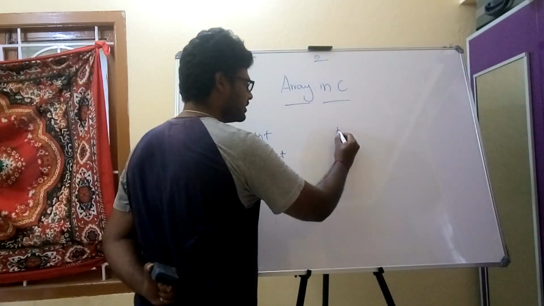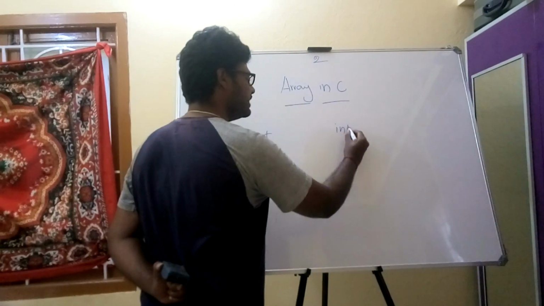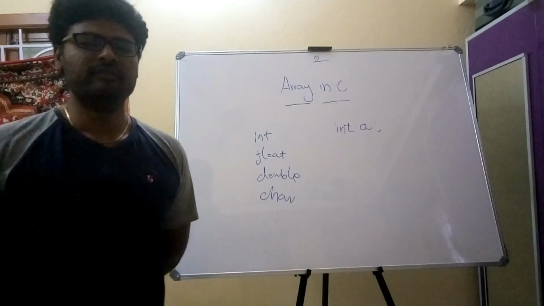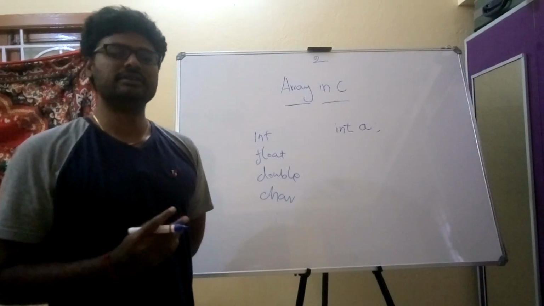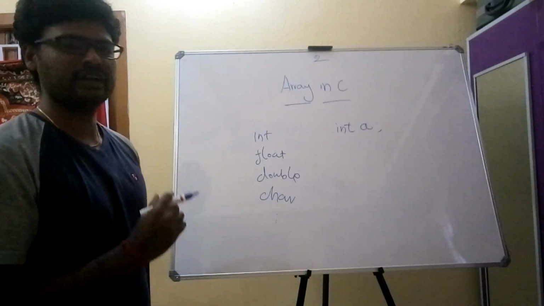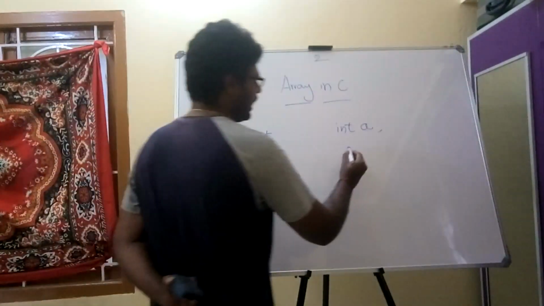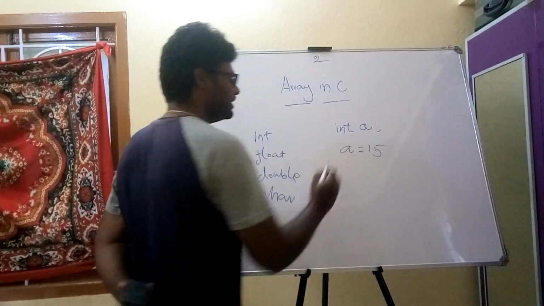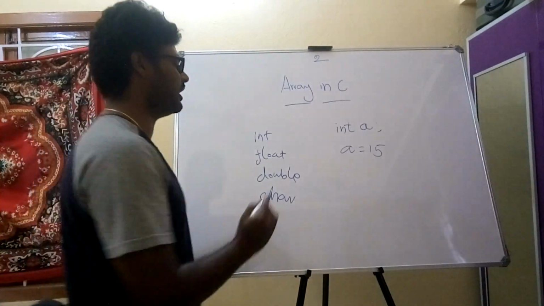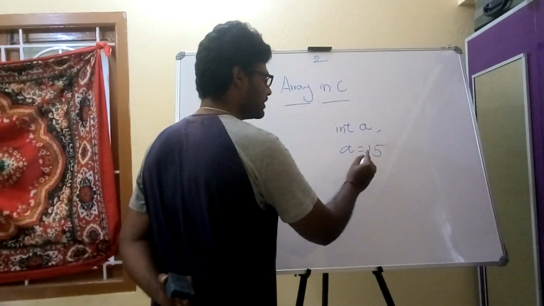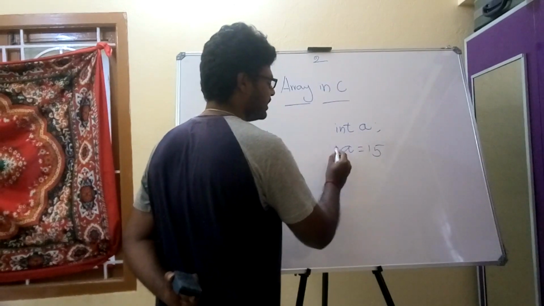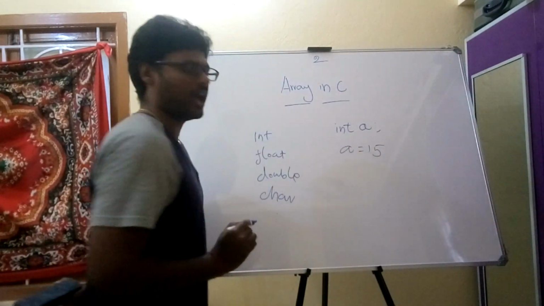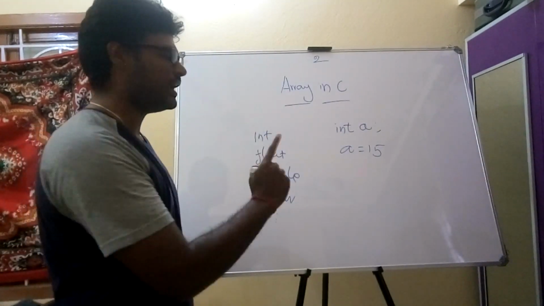Okay, see, integer is a primitive data type. I am going to declare a simple integer variable, int a. In this a, we can store an integer element, say a equal to 15. This 15 is an integer element or a number which we can call by using the name a. By this integer variable a, I can store only one element.